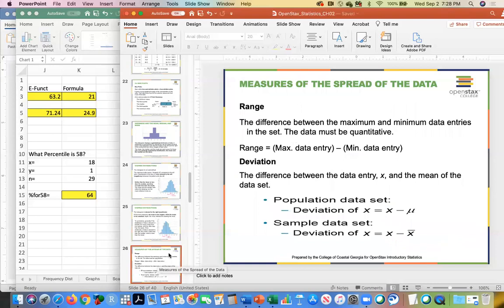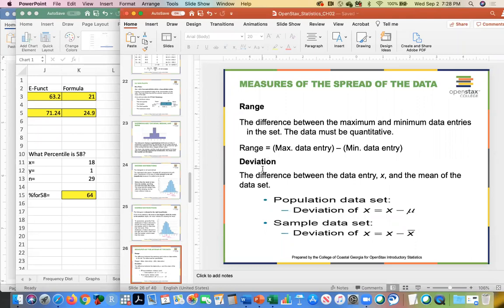We already looked at the range. Remember, the range is the difference between the maximum and the minimum. We did it in the first case, so we can build the formula very easily. We are also going to be looking at the deviations.